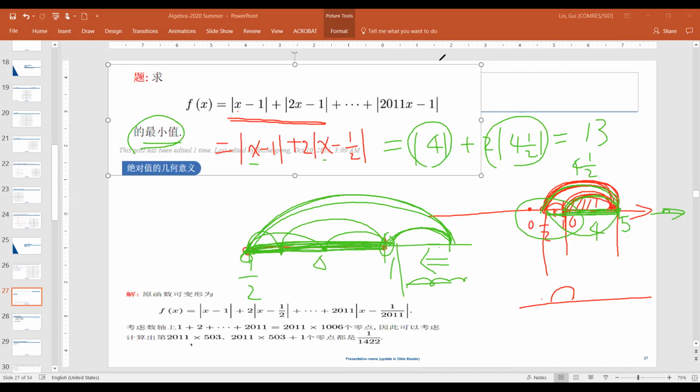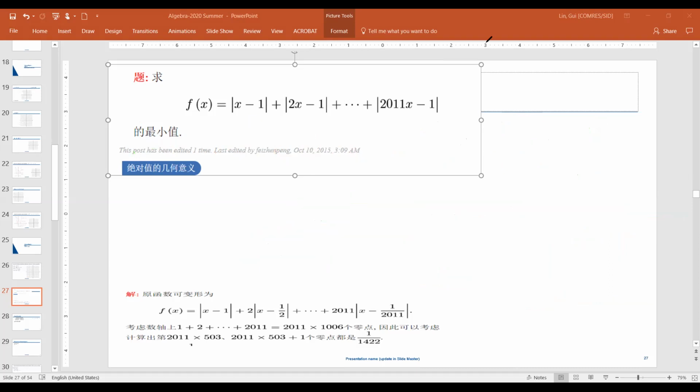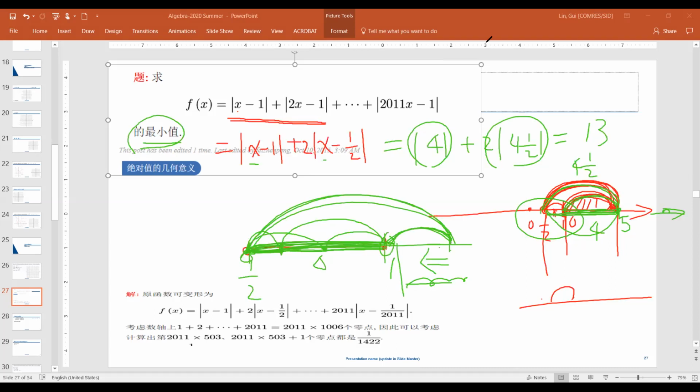Okay. So when you find this, what number can make this the smallest? We need to find a number in between here.